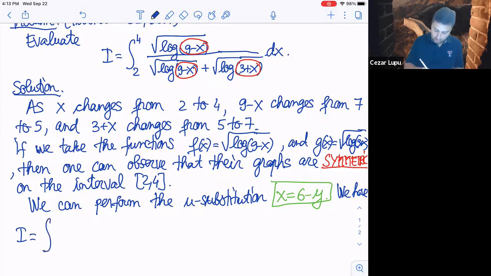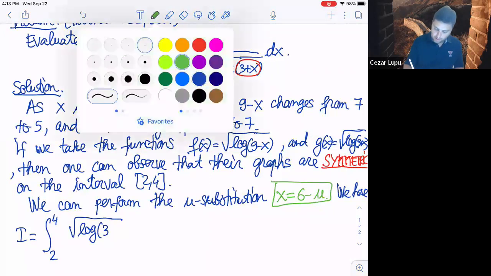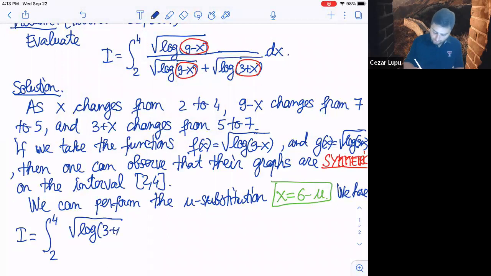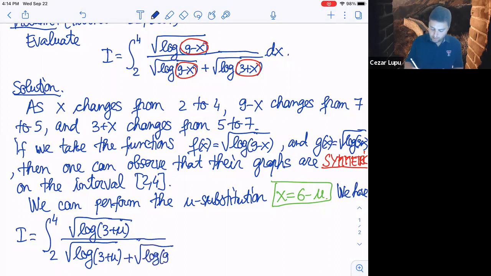So we will have the integral from 2 to 4 of the square root of the natural log of 9 minus x, which will be 3 plus u, over, downstairs, the square root of the natural log of 3 plus u plus the square root of natural log of 9 minus u.